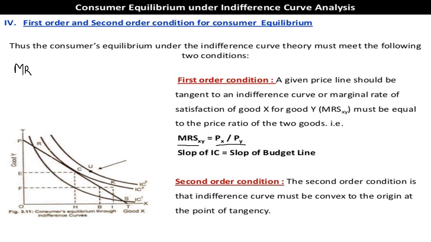Understand this concept very carefully because this is the most important question from this chapter. MRSxy equals Px upon Py. The students who are regularly doing their homework and self-reading of this chapter know very well that this is the slope of the IC curve.